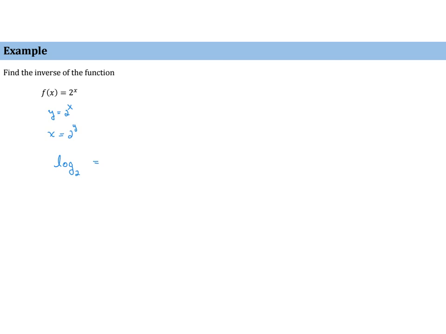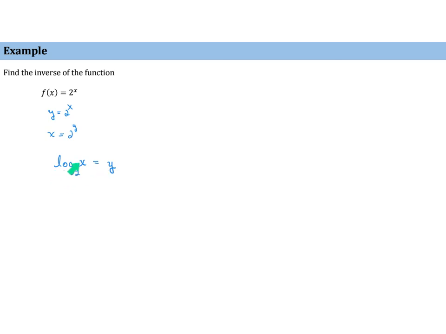And remember that the logarithm separates the base of 2 and its exponent y. So log base 2 of something will equal y. What is the argument? It will be x. So 2 is the base, y is the exponent, and it is separated from the base.